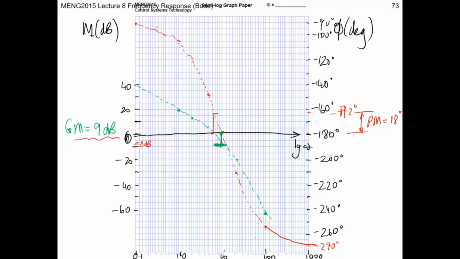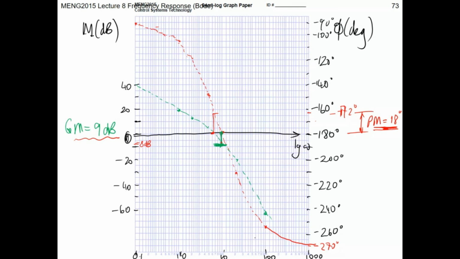And you could also add this much. If you look at where the gain line crosses 0 decibels, you could move the red phase line down by about 18 degrees before it crosses minus 180 degrees at the same frequency that the magnitude line crosses 0 dBs.